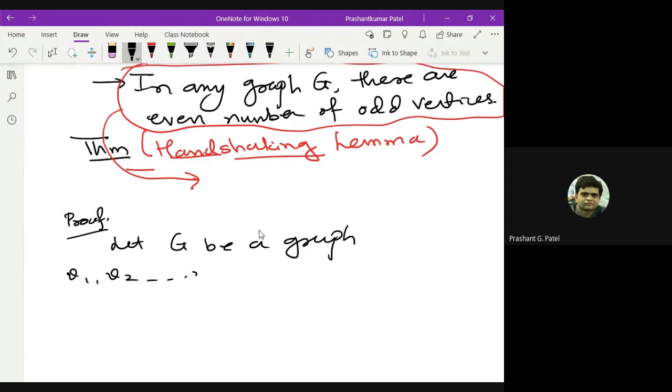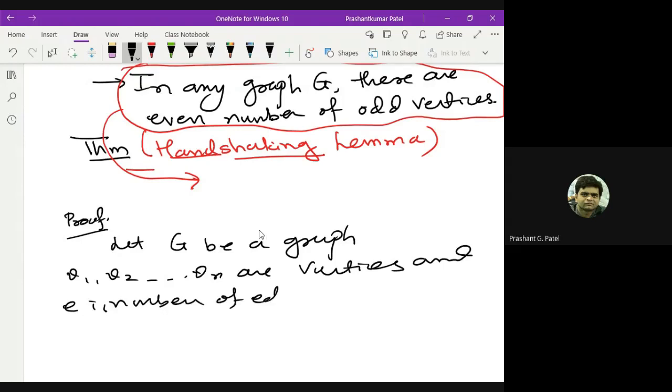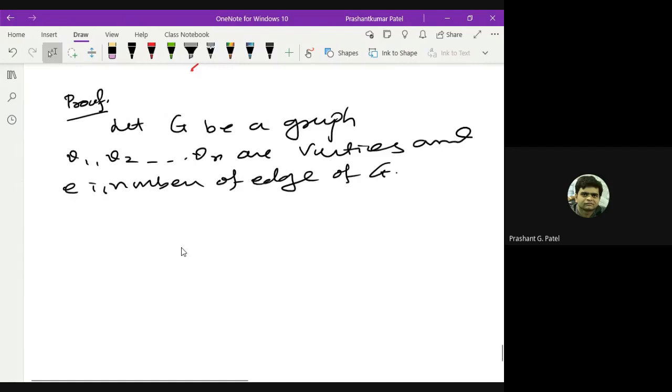V1, V2 up to Vn are the vertices, and E is the number of edges in the graph. So as per the above discussion, we can say that the summation of d of Vi, i running from 1 to n, is equal to 2 times E. Now in this d of Vi, there are a number of odd vertices and a number of even vertices.